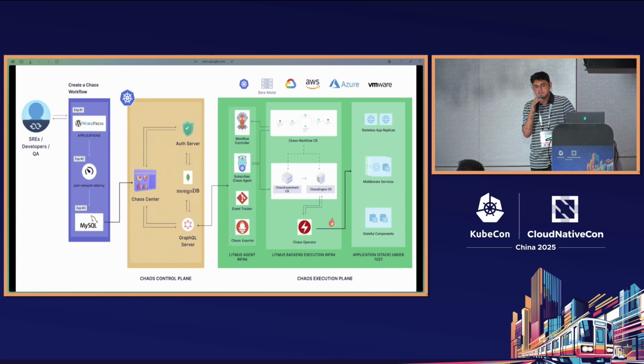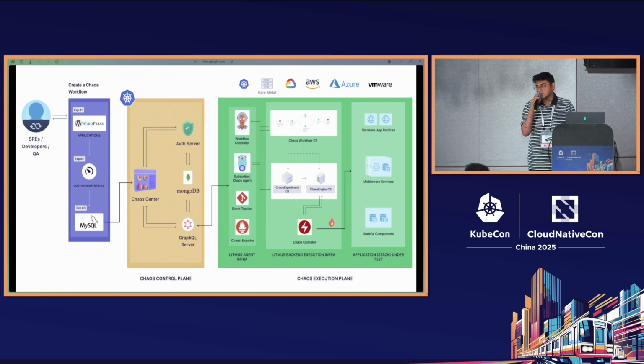And execution plane is where the CRDs lie, which is the chaos experiment CR, the engine CR, and the chaos result CR. So in the execution plane, once the request that you want to inject a chaos is received, the chaos experiment is like a blueprint of the chaos injection you want to do. Chaos engine helps you tune them better. And there's a chaos agent, which is the subscriber.